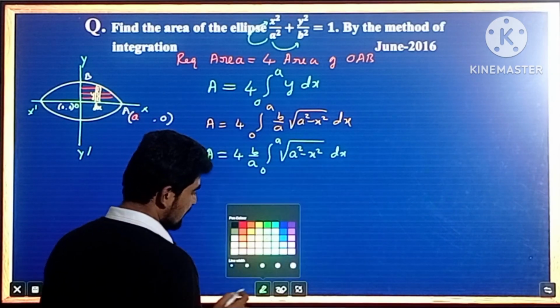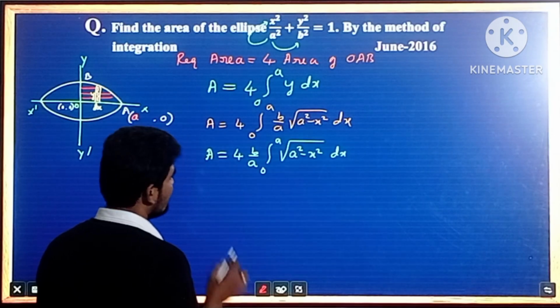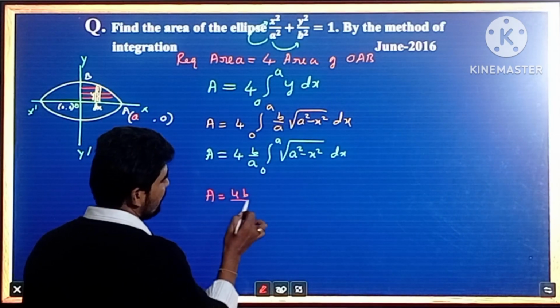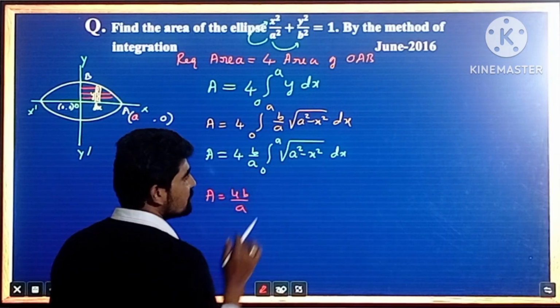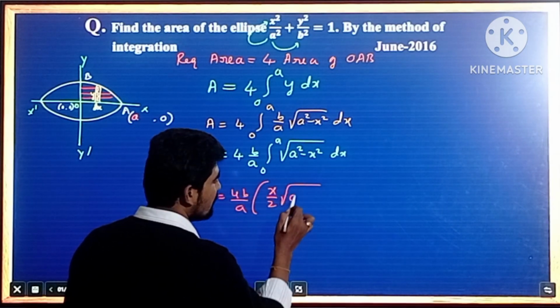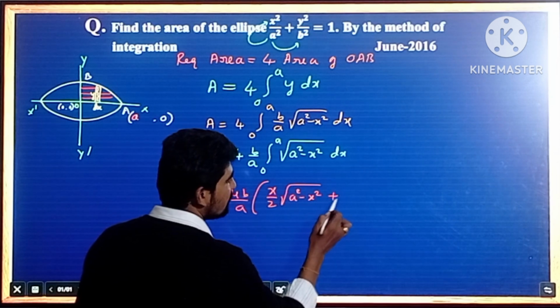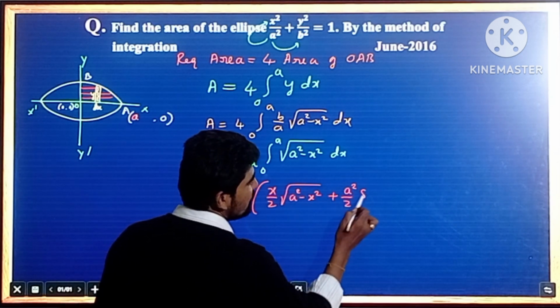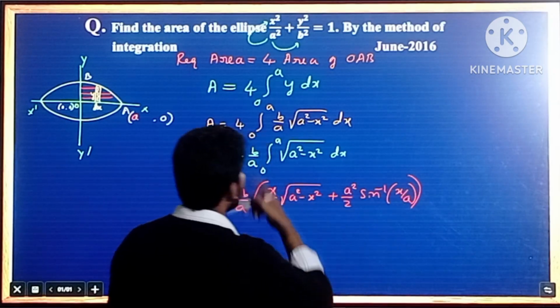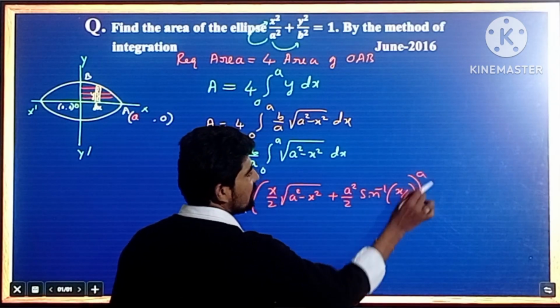Therefore, the formula is: 4b divided by a as it is, integration of square root of a square minus x square is x by 2 into square root of a square minus x square plus a square by 2 into sine inverse of x by a, over the limits 0 to a.